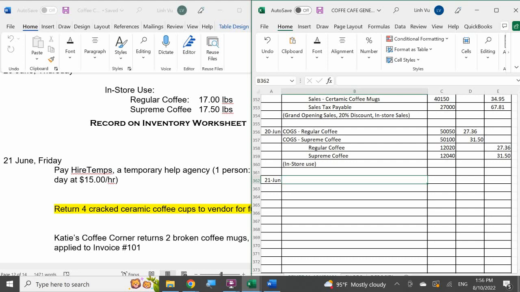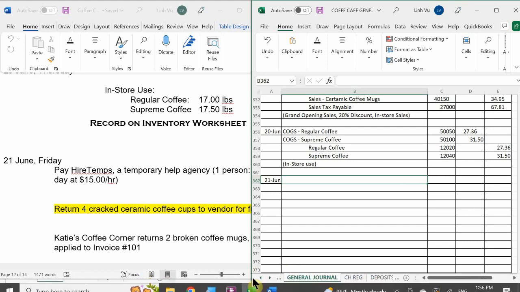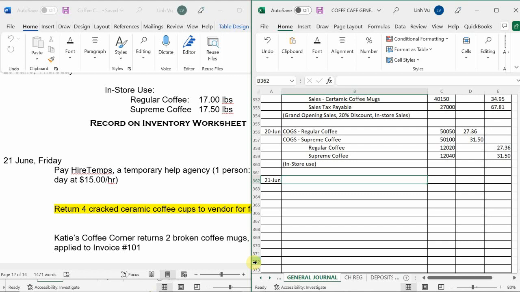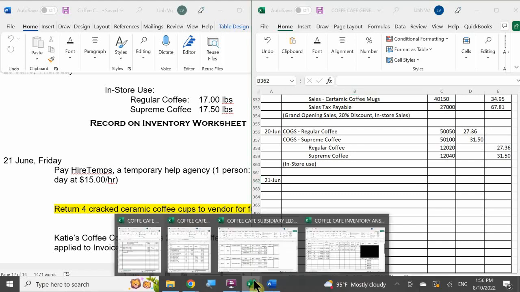We need to check out the contract that we have with them. Okay. What's the subsidiary ledger?